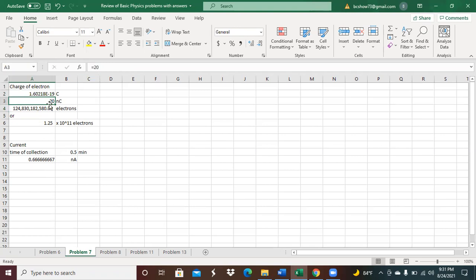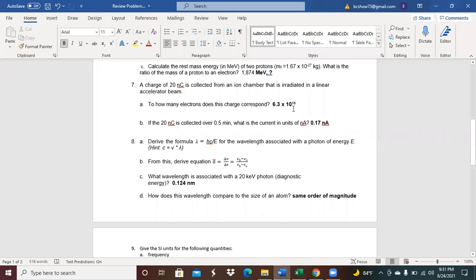But if I change this to coulombs, which is basically multiplying it by 10 to the minus 9th, and then divide by this, that gives me the number of electrons, or 1.25 times 10 to the 11th. Since I changed the number here, I didn't bother to go through and change the value here. So mea culpa on that. There we go. All right.